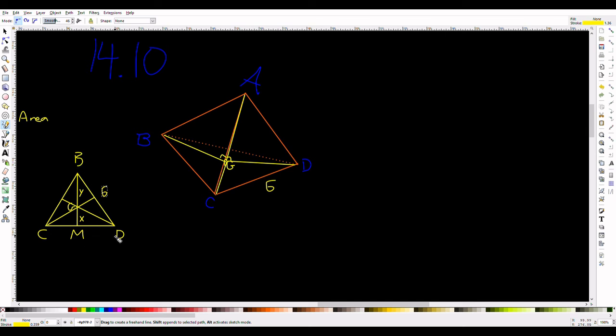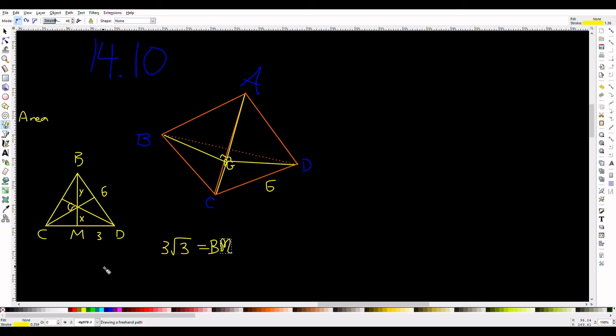So since BMD is a 30, 60, 90, MD is 3, and BM is 3 root 3.